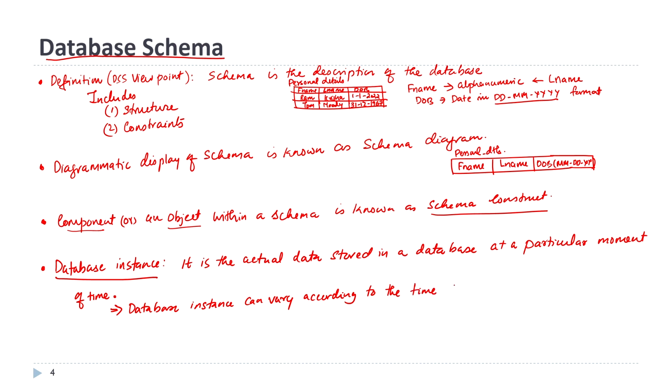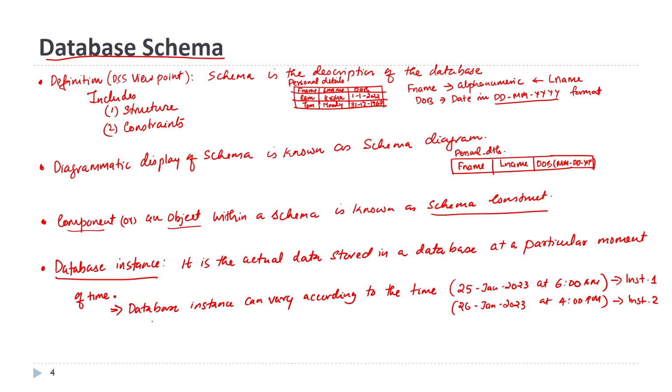So, if you say on 25th of Jan 2023 at 6 a.m. what was the content of the database, and at 26th January 2023 at 4 p.m. Both these times the database will have, this will be an instance 1 and this would be an instance 2. There will be some changes, some modification of the database.